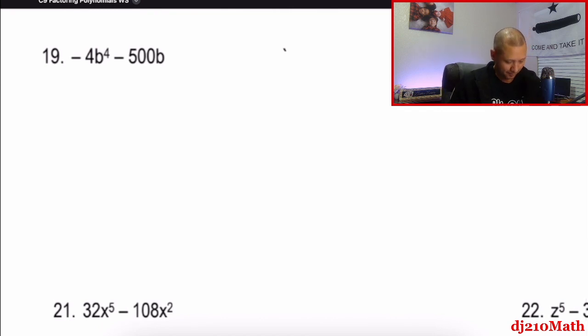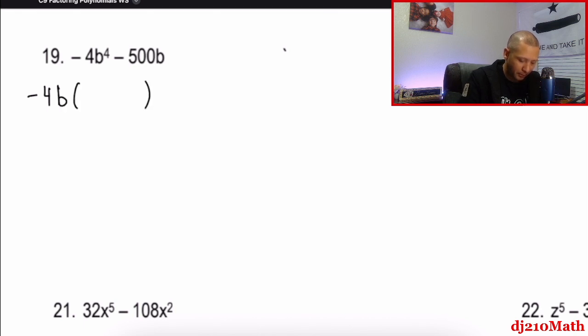All right, 19. Okay, we have a negative in the front, so I definitely want to take a negative out. This 4 goes into 500: 125. So if I take out a 4 and I take out a b, what's left behind?